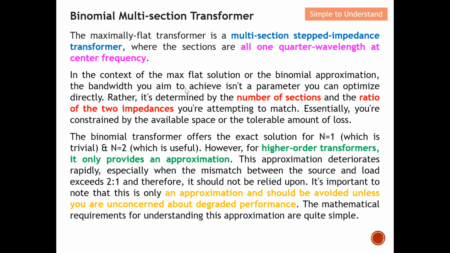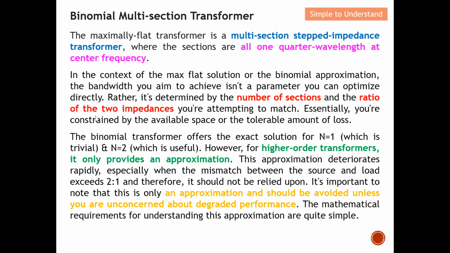Rather, the bandwidth is determined by the number of sections and the ratio of the two impedances. Earlier on, I showed you a diagram: the larger the number of sections that you have, the larger the bandwidth you can achieve. The bandwidth also depends on the ratio of the two impedances that you want to match.